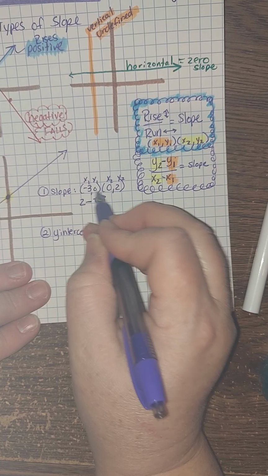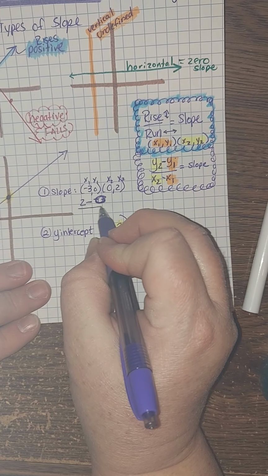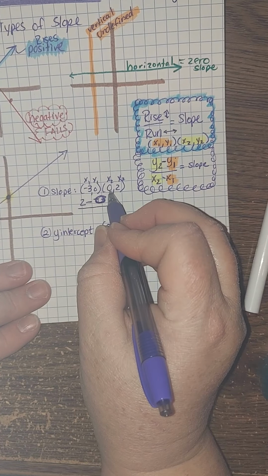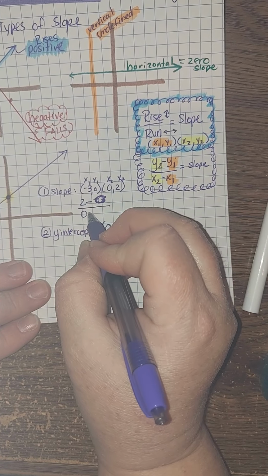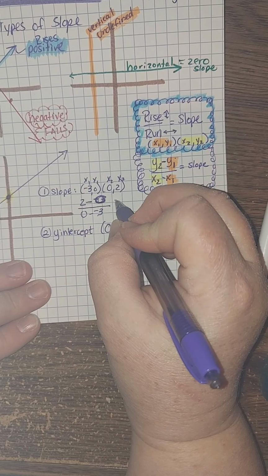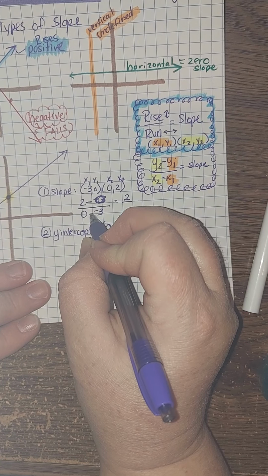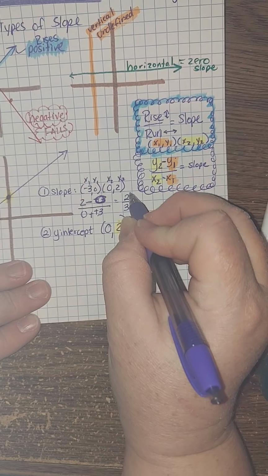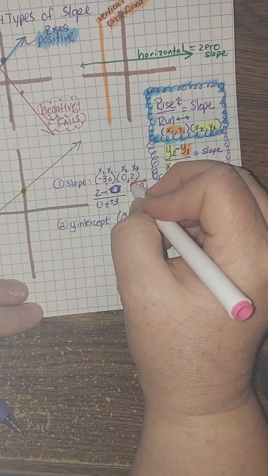What did I do? I went and grabbed my x, not my y. 2 minus 0, okay, are my y's. 0 minus a -3. All right, what's 2 minus 0? Well, that's 2. What is, 2 negatives make a positive, so that's 2/3. So 2/3 is my slope.